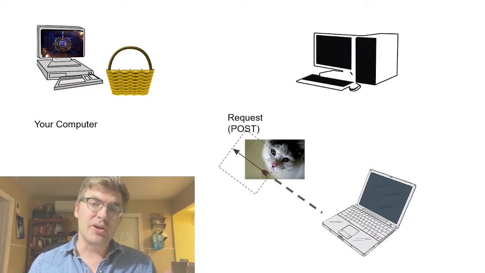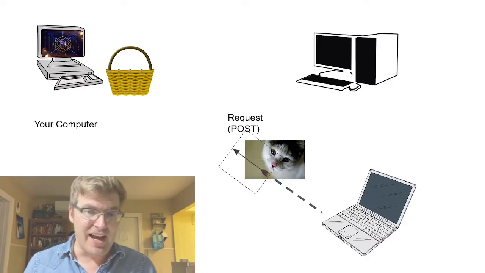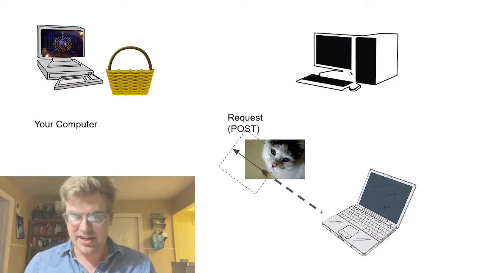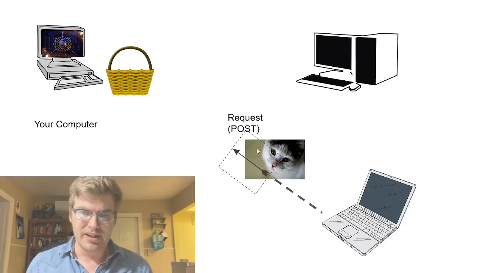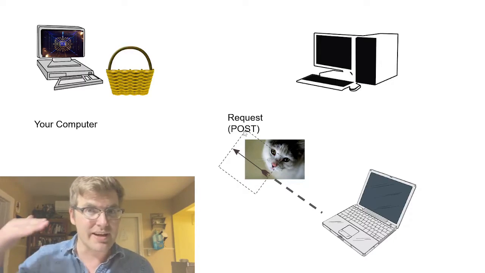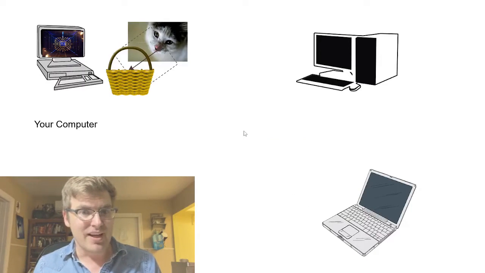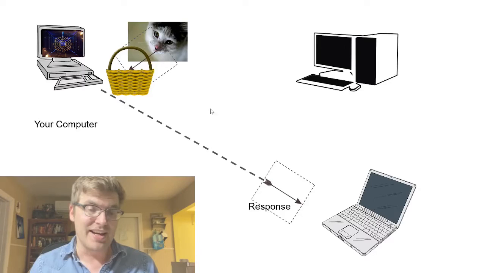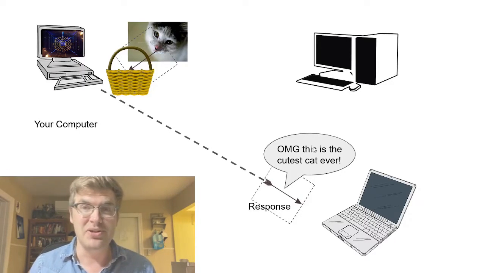So your computer processes cat photos and returns back if the cat is cute or not. So this guy down here, over in the lower right-hand corner, he is shooting over his cat. He is shooting it over via a POST request because remember, POST is like mailing something in the post. And it lands in your basket, and then your computer processes it and sends back the message that says, OMG, this is the cutest cat ever.